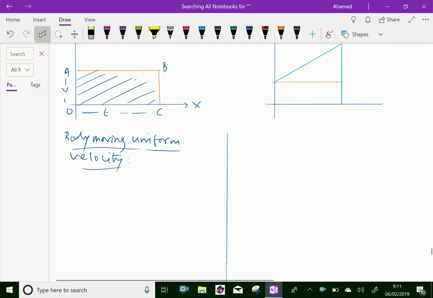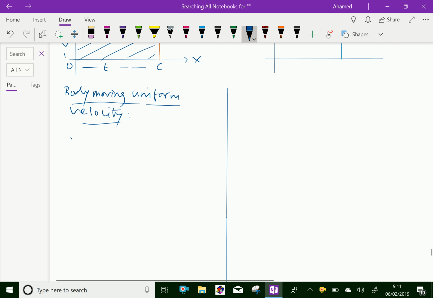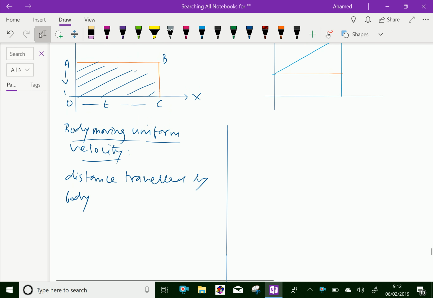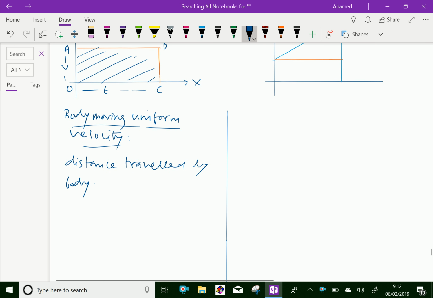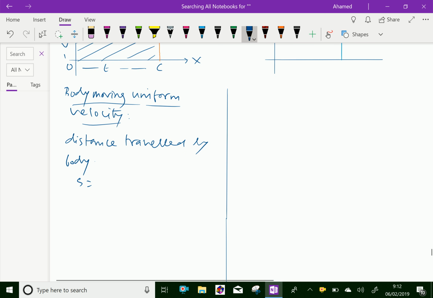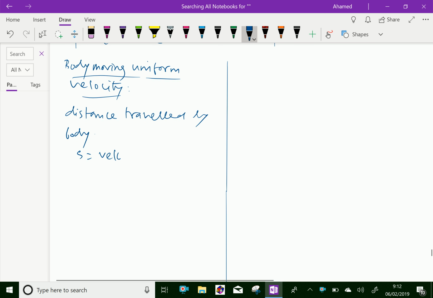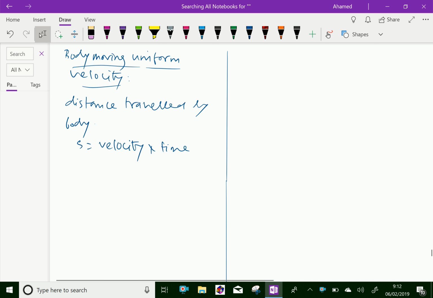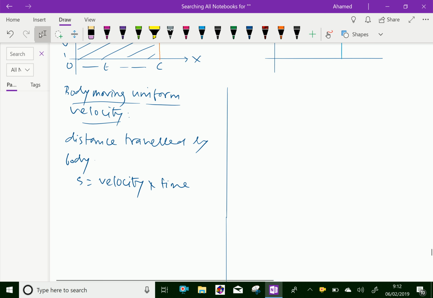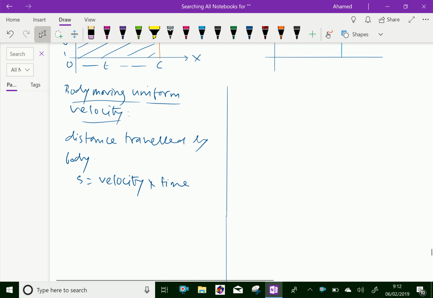We know that the distance traveled by a body in t seconds with constant velocity v is s equal to velocity into time. Thus we see that the area of the rectangular figure OABC represents the distance traveled by the body.